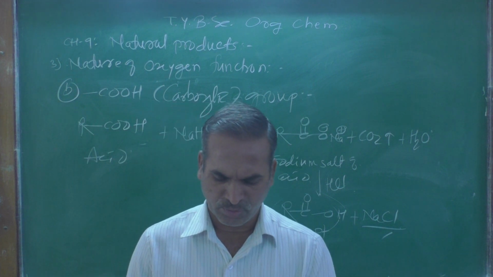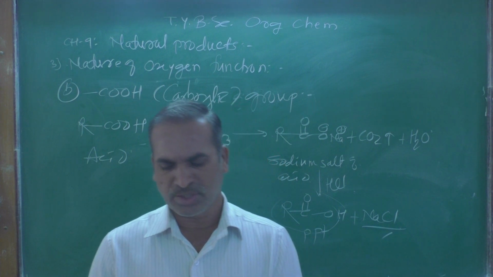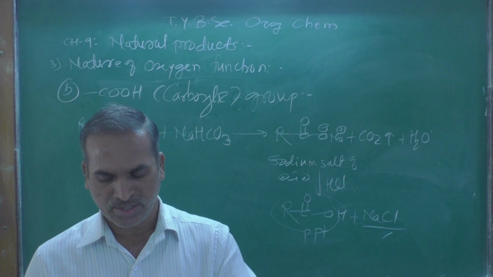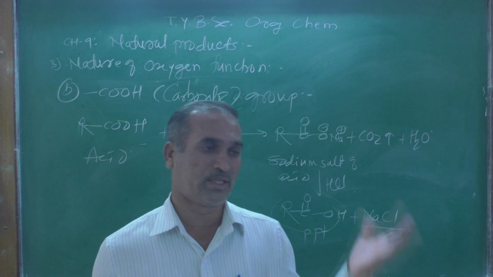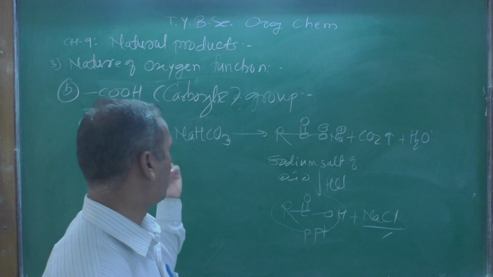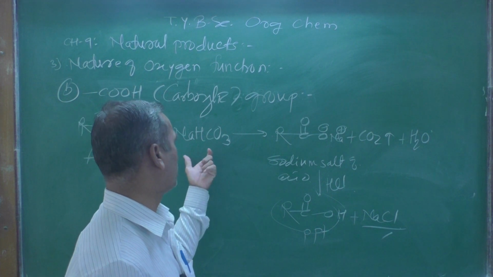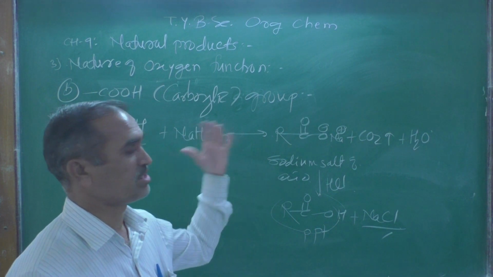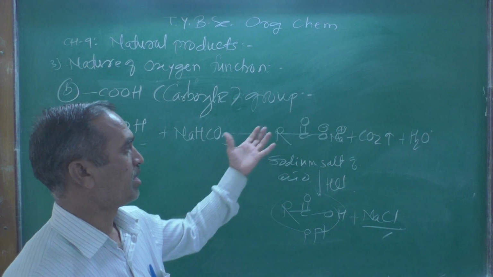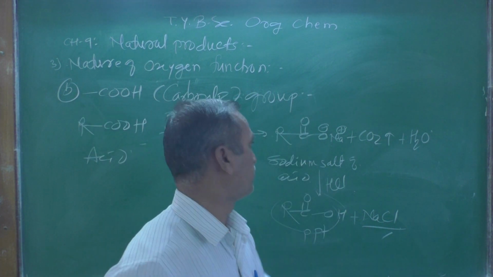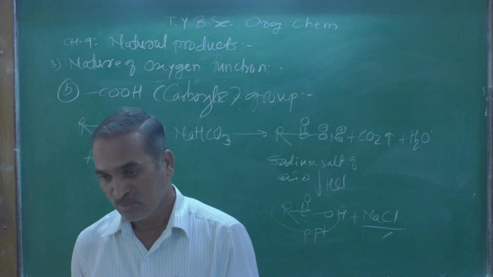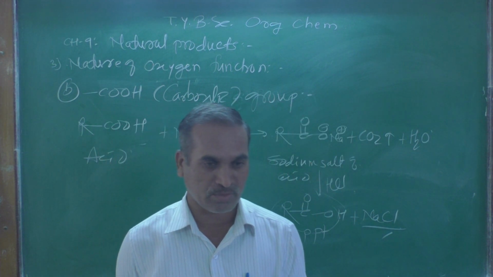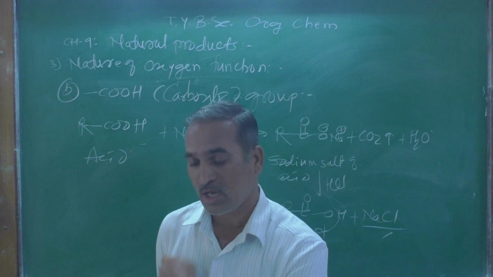The number of such groups is estimated by titration against a standard alkali. By treating with sodium bicarbonate, this type of reaction takes place and we get the sodium salt of the compound, but we don't know whether it is a monocarboxylic, dicarboxylic or tetracarboxylic acid.